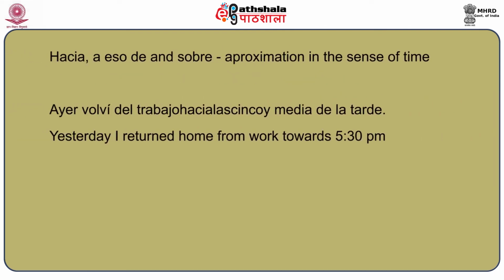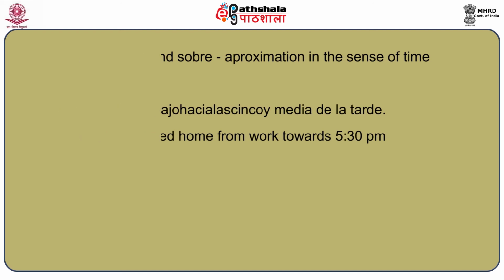Next is hacia, a eso de, and sobre, which are prepositions that can express approximation in the sense of time. Ayer volví del trabajo hacia las 5:30 de la tarde. Yesterday, I returned home from work towards 5:30 p.m. The next set of prepositions indicate the means or instrument with which something is done.